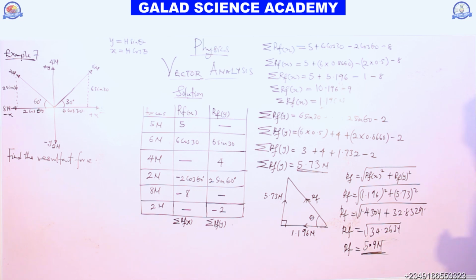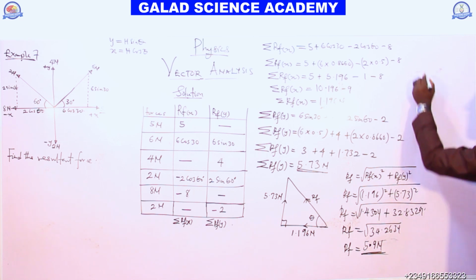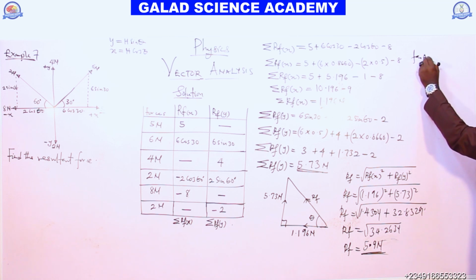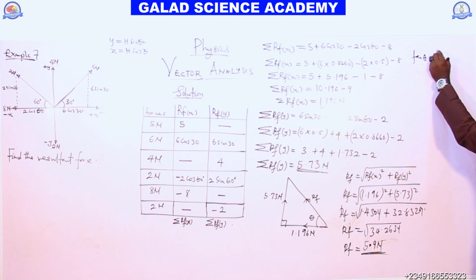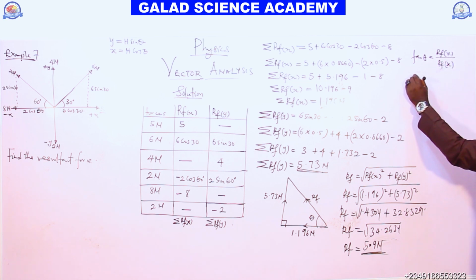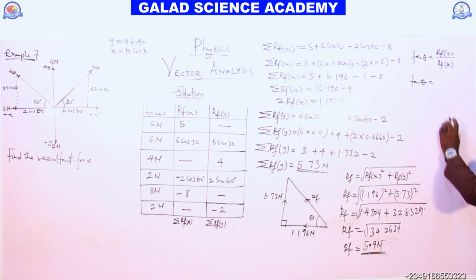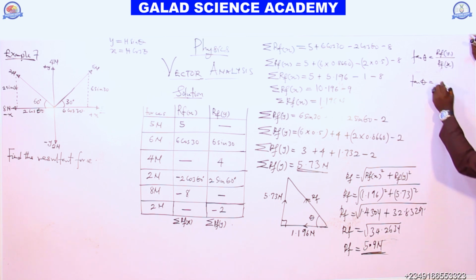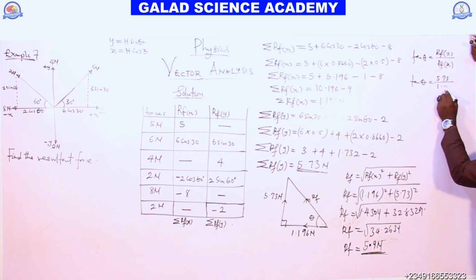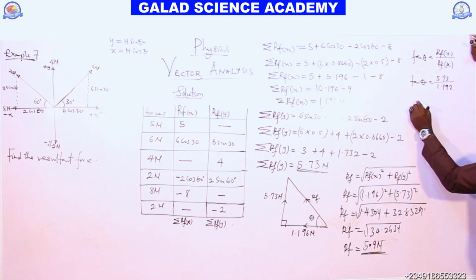That's the resultant force. So if you have to find the angle, tan theta equals resultant force for y over resultant force for x. So tan theta is 5.73 over 1.196.